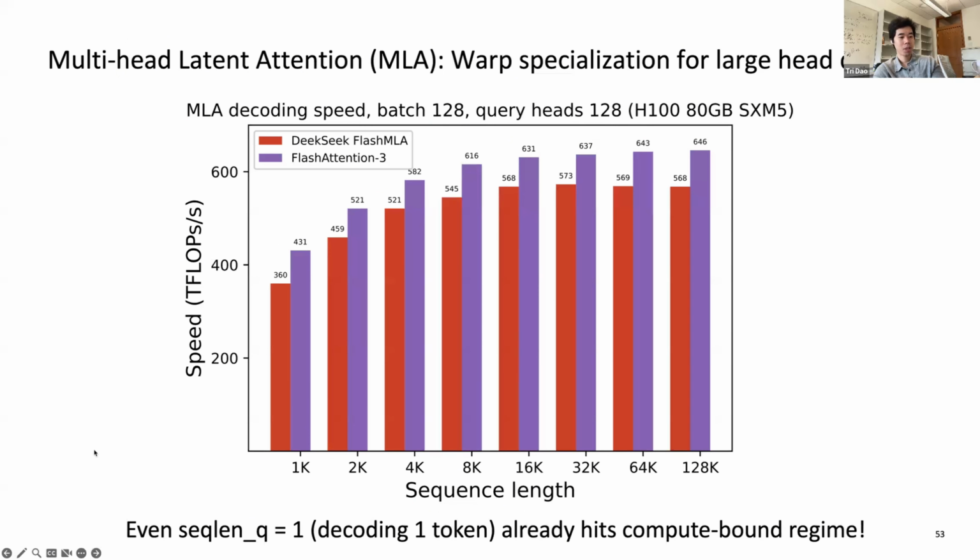Because it has very high arithmetic intensity, since you can pack like 128 query heads into each, right. So I think people are going to take this idea and redesign the architecture for this.